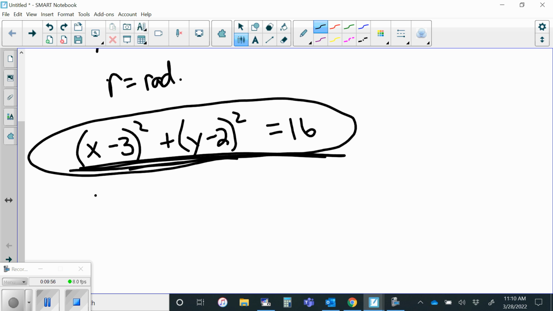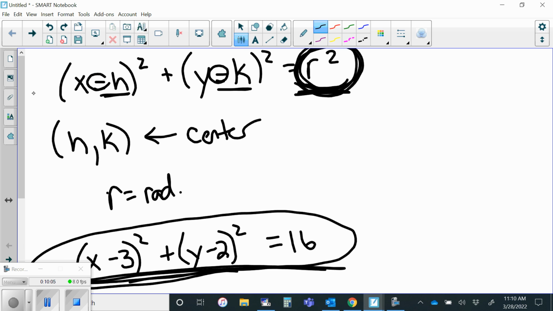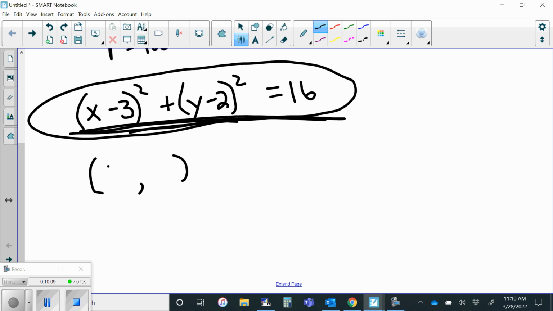So what's the center of my circle going to be? Look back up. That negative is supposed to be there. Yes. 3, comma, 2. So guess what I always do to the number in here when I put it in my center? Change the sign.